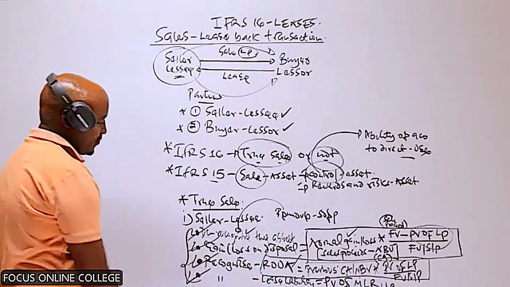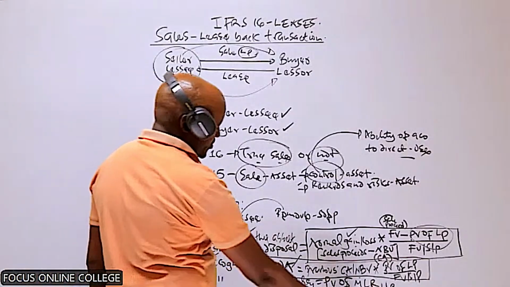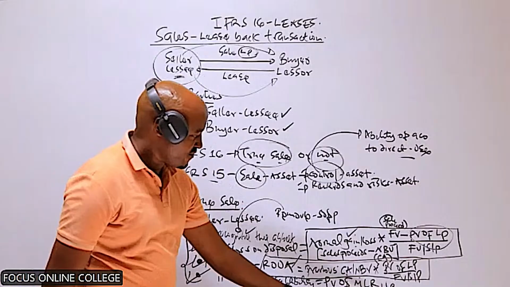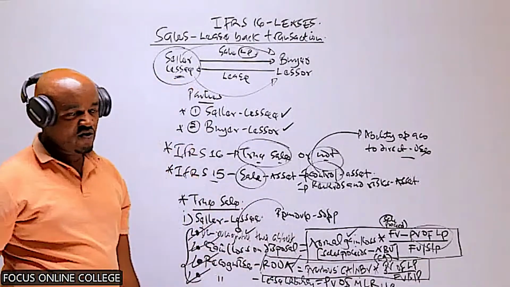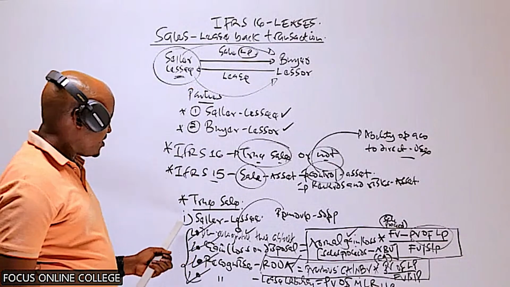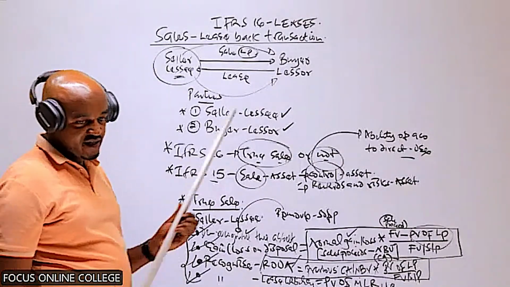And number four, recognize the lease liability, which we compute in the normal way, as the present value of the lease payments. So this is what is very, very important as far as this is concerned.